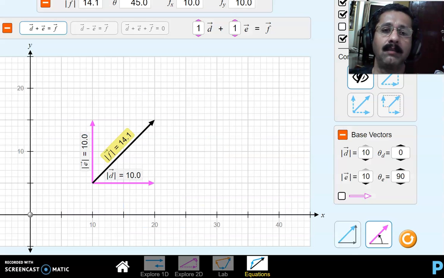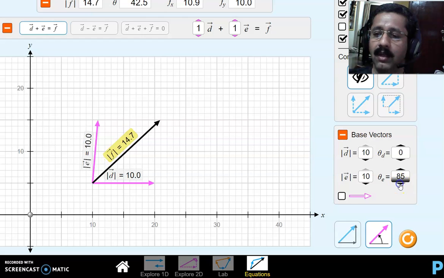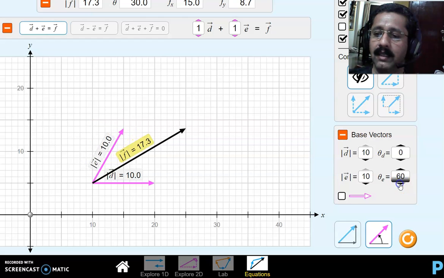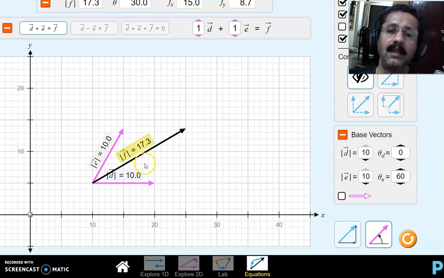Now this also can be seen mathematically. If I put P equal to Q and theta equal to 60 degrees, this is 10, this is 10, the resultant has to be root 3 times 10, that is 1.732 multiplied by 10, which gives 17.32. Here they have said 17.3, so that's correct.